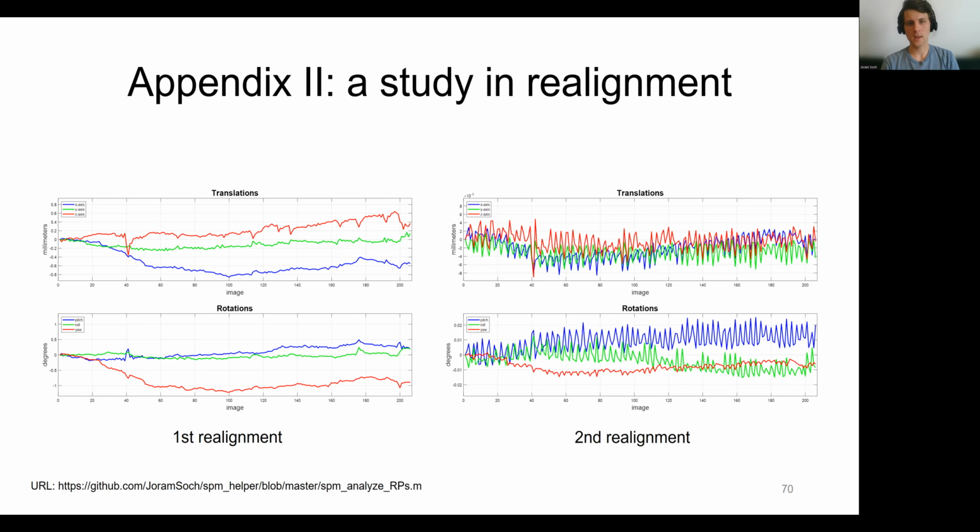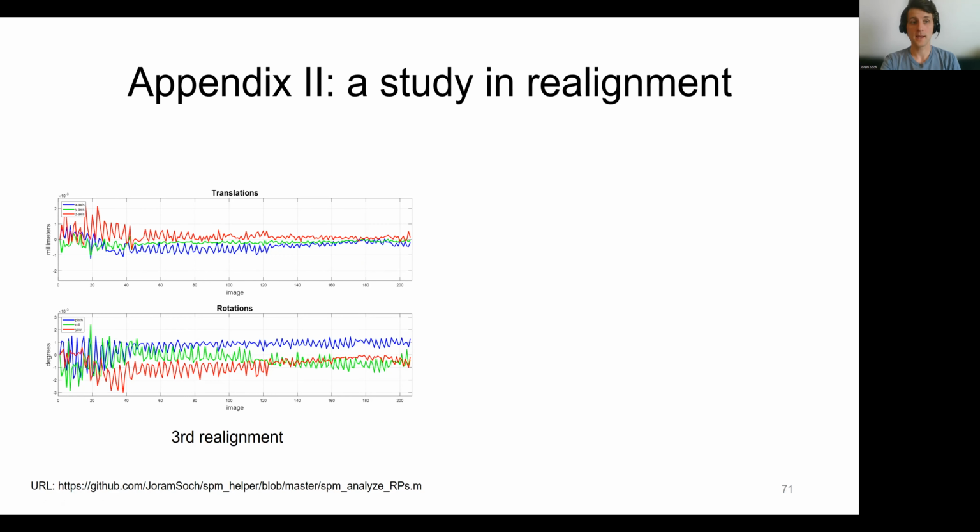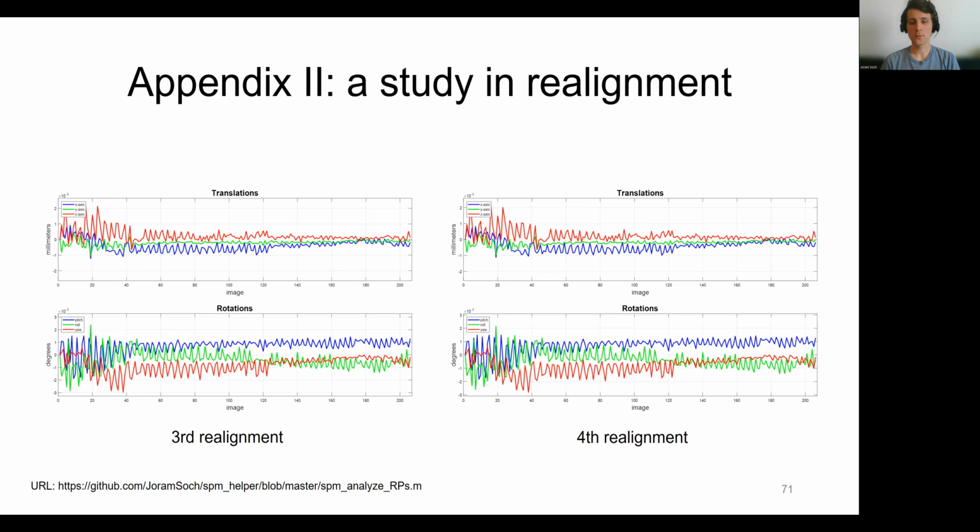And the answer is that we get different realignment parameters from the second realignment, obviously. And you can here see that they are at a much smaller scale than the first realignment parameters. They're given in millimeters and degrees, and they are getting even smaller with the third and fourth realignment.